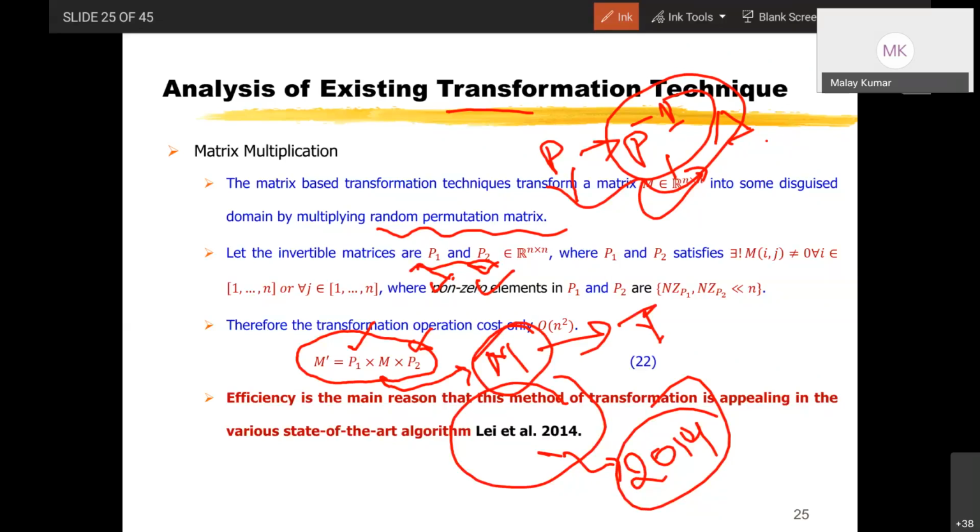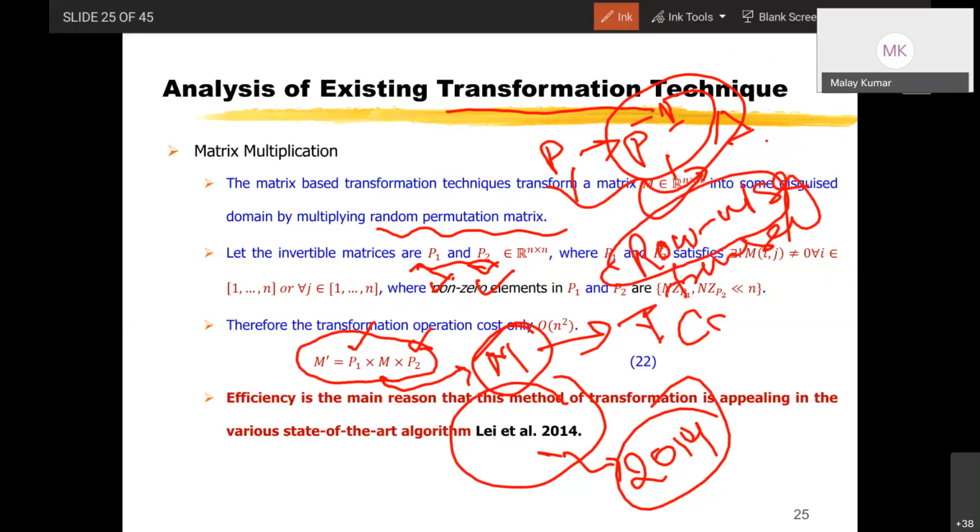It will first perform a row wise traversal of elements, then it will perform a column wise traversal of elements, and then multiply each element with random values.